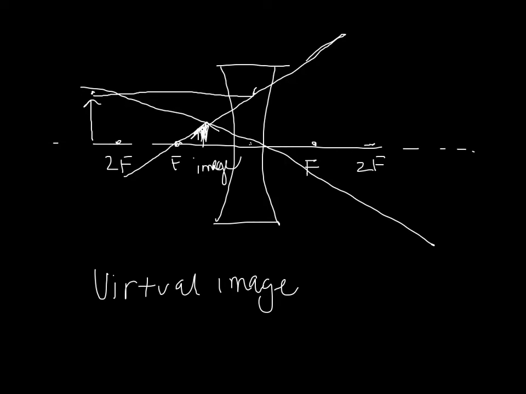Even if we moved our object over between the second focal point and the first focal point, we could draw the same lines. And then our line through the center would go like that, and we would end up moving our image over just a little bit.